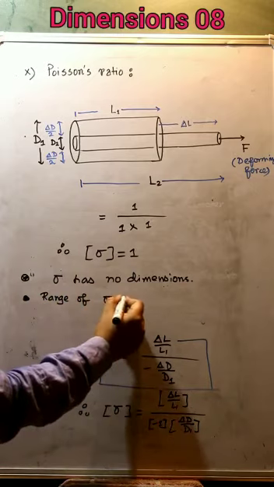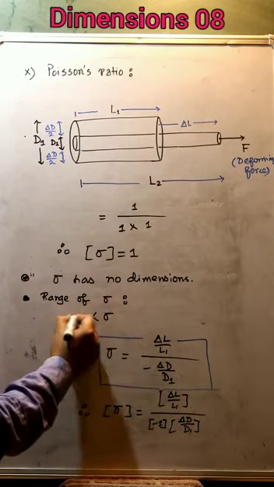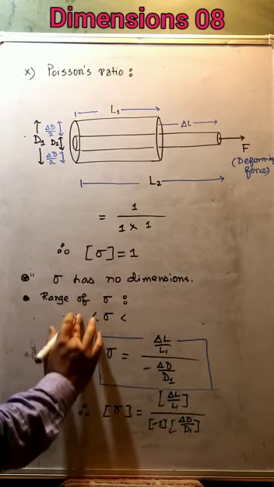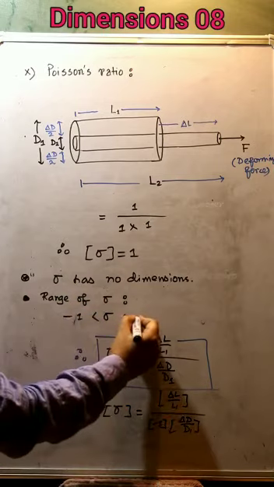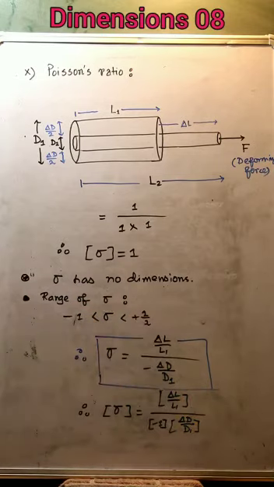And what is the range of sigma? Sigma lies between minus 1 to plus half.